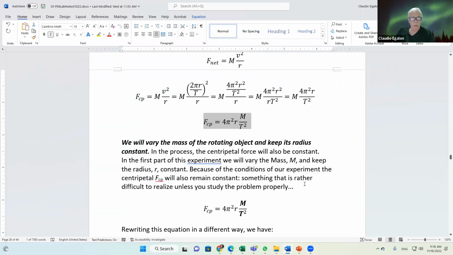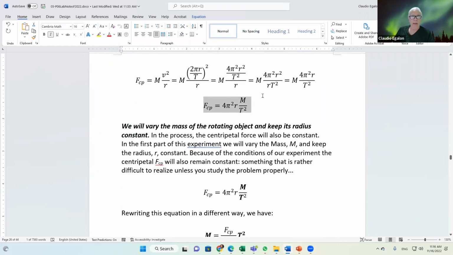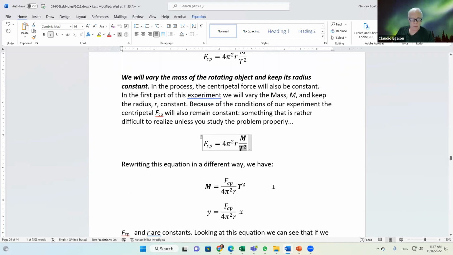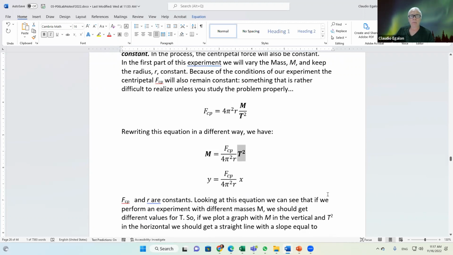Then what do we do next? We are varying the mass and getting different times, so we are going to plot mass versus T squared. That's the graph that you're going to plot.